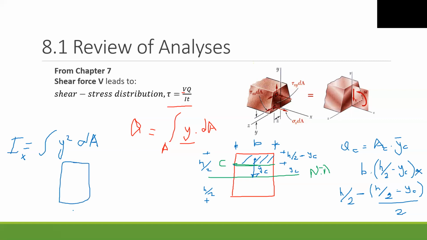If I have a rectangular cross section, and I say the width of the cross section is b and the height is h, I x is equal to b times h cubed divided by 12.